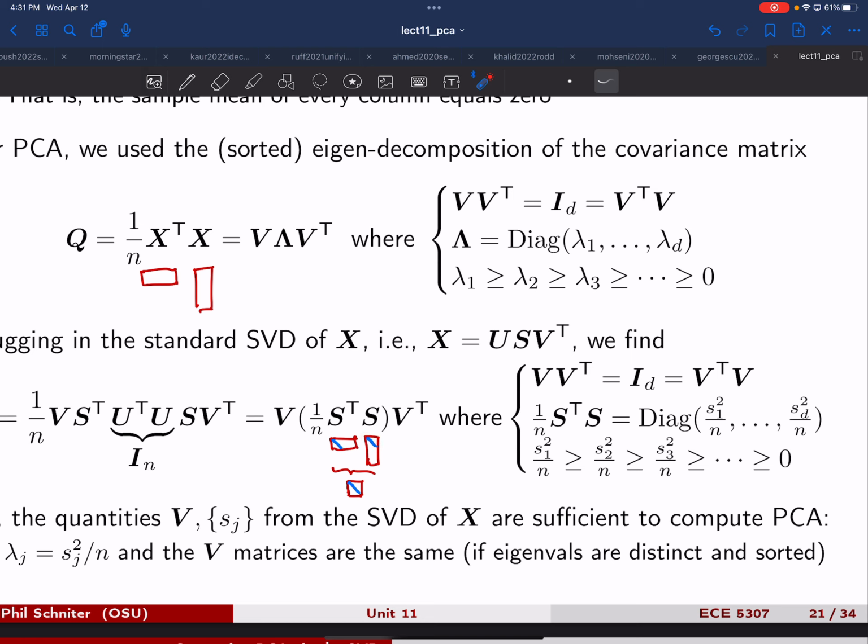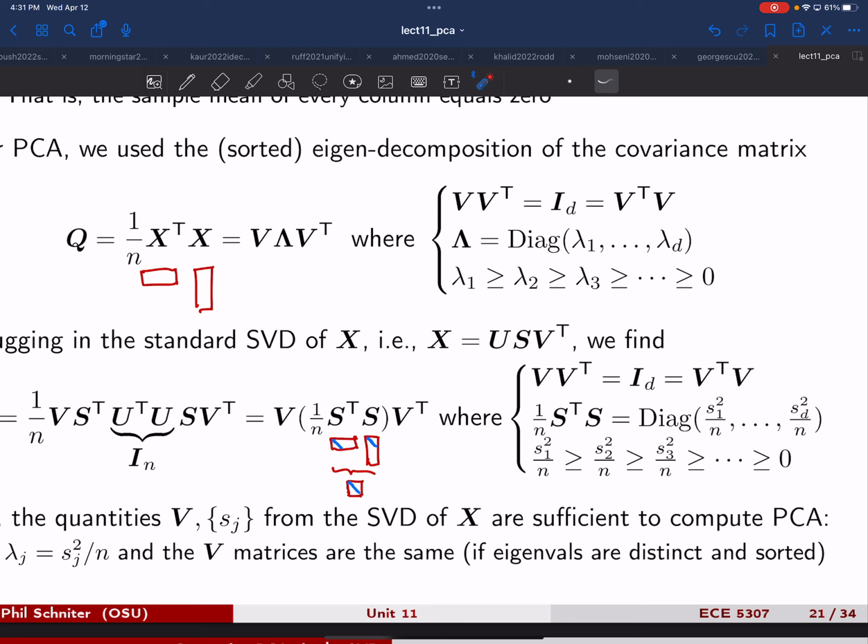So now when you compare this old way to this new way, you see that essentially they're doing the same thing. V in both cases is an orthogonal square matrix. Lambda in both cases is a diagonal matrix with sorted non-negative entries. They have exactly the same form. It's almost like a notational difference.